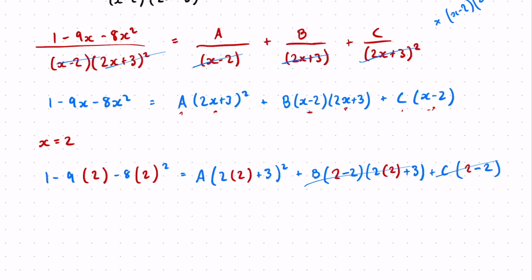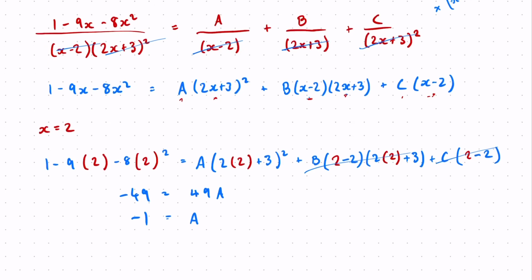So I get minus 49 is equal to 4 plus 3 is 7, 7 squared is 49. So minus 49 is positive 49A, means that A is equal to minus 1.